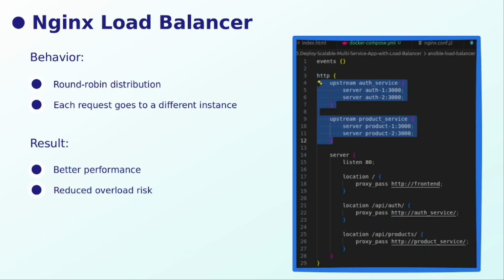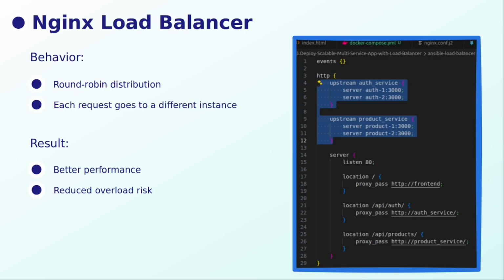Nginx load balancer. Load distribution. Nginx uses an upstream configuration to define multiple backend servers. By default, Nginx uses a round-robin algorithm, which means requests are distributed sequentially across available instances.